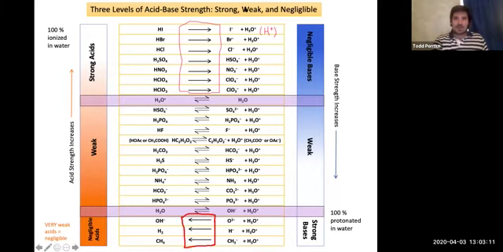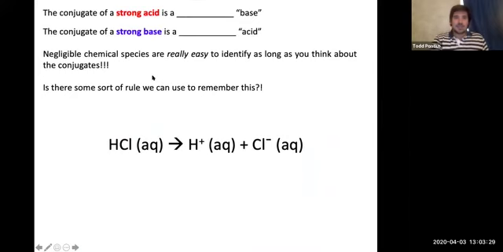So this brings me to one of my favorite rules in chemistry that I'm going to subject you to, and you'll see why I said subject in just a moment. The conjugate of a strong acid is a negligible base.